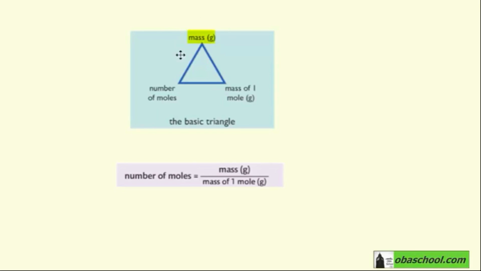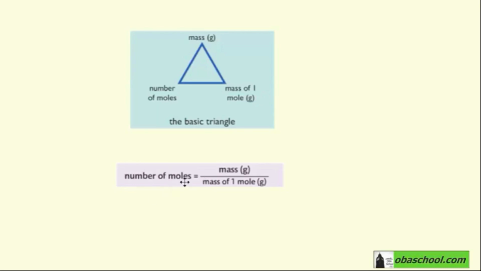At the apex, we have the mass. At the left, we have the number of moles. And at the right, we have the mass of 1 mole. This triangle should be memorized very well because it's very important and will help us a lot.